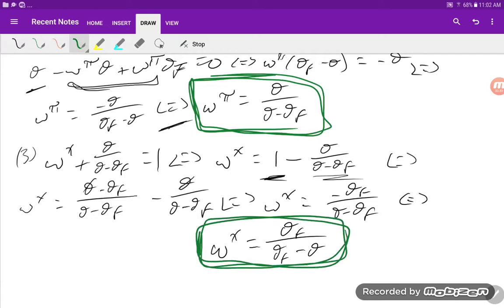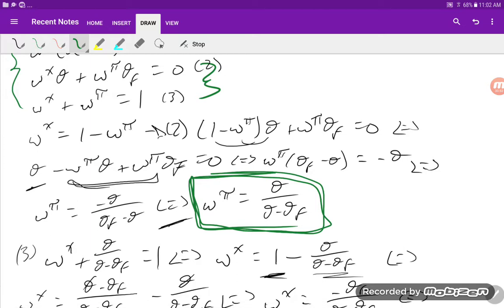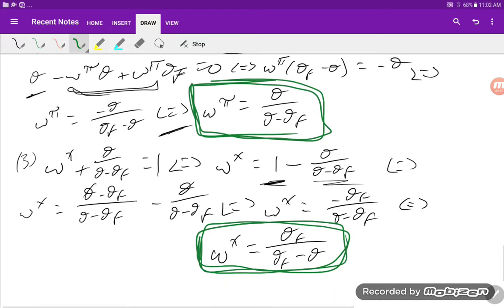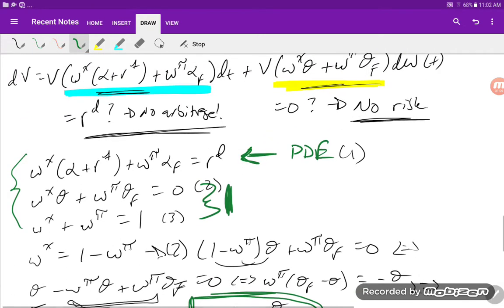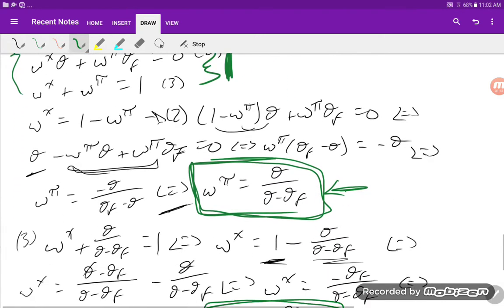All right, so working these two equations, that's what we find for w pi and Wx. Now what we'll do is put these into equation 1, which will lead us to the PDE.